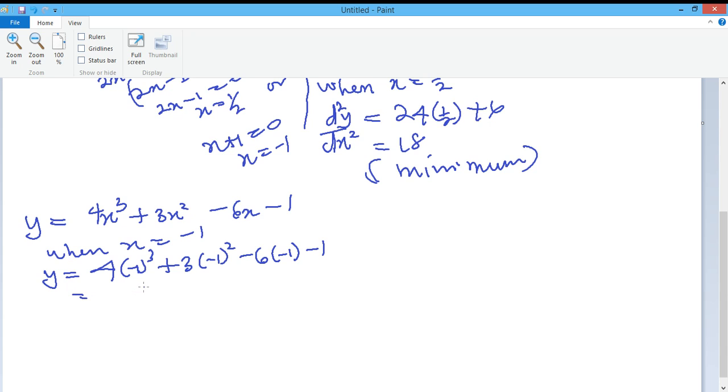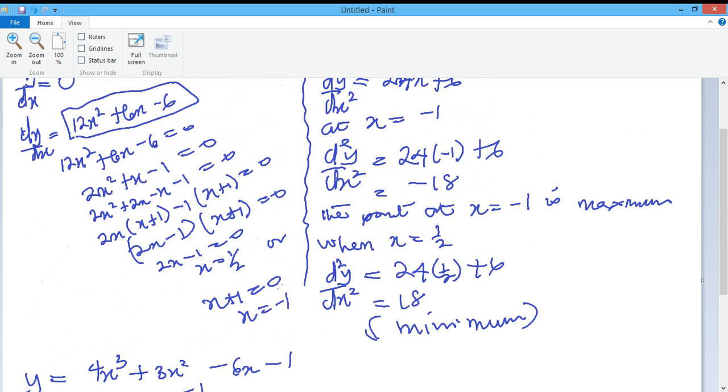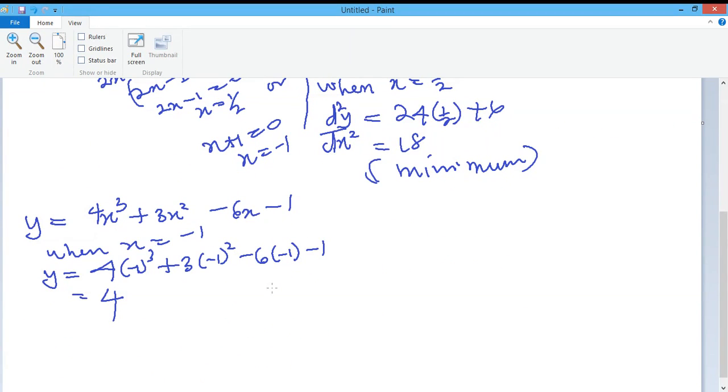And that will translate into 4. Remember, at x equal to negative 1 we got a maximum, so the turning point (negative 1, 4) is a maximum point.